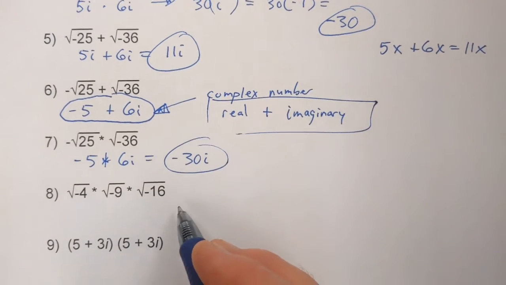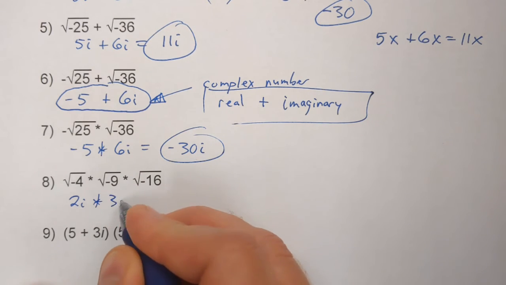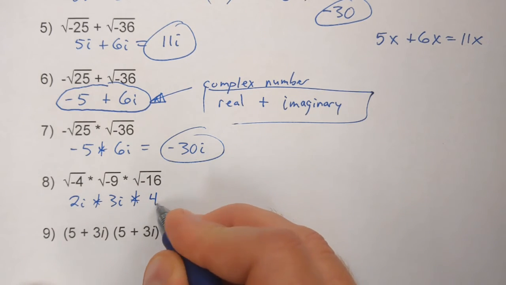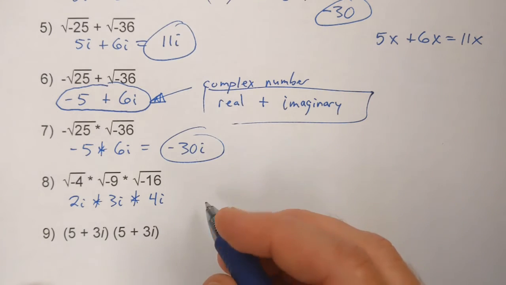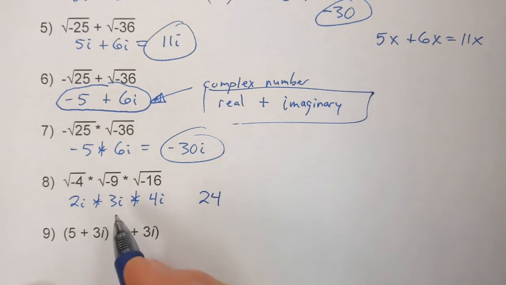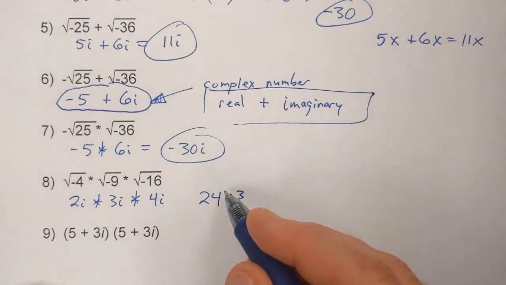And then you can get into some bizarre situations here. This would be 2i times 3i times 4i. Well, 2 times 3 times 4 is 24. And then i times i times i is i to the third.